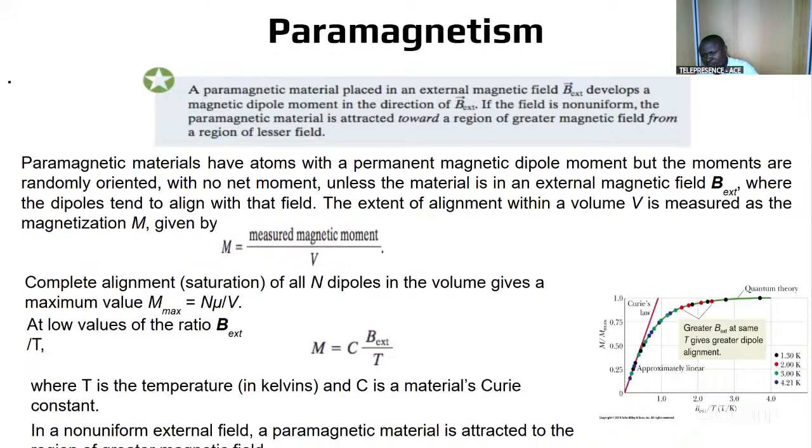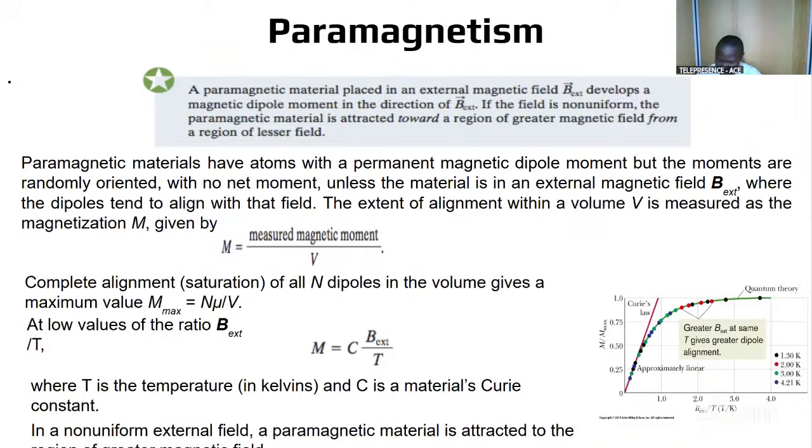Paramagnetism is different from diamagnetism. A paramagnetic material placed in an external magnetic field B develops a magnetic dipole moment.